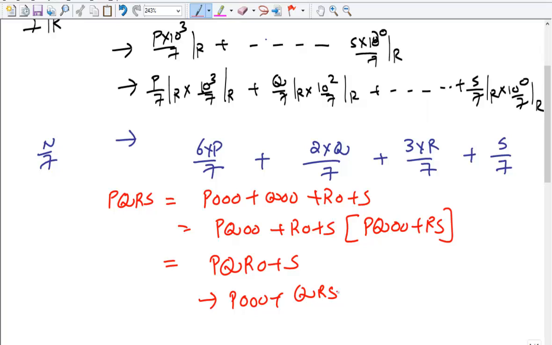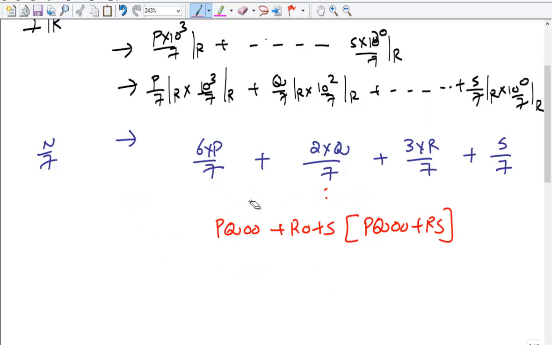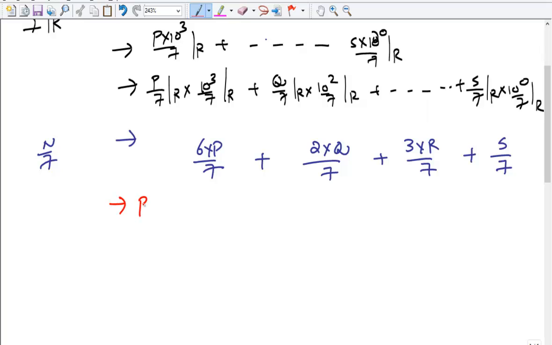Now once you understand that we can write a number in any one of these ways, then we can apply it. Now how can I apply this one is, let's take this number as PQRS. I'm trying to write this number as P000 plus QRS.